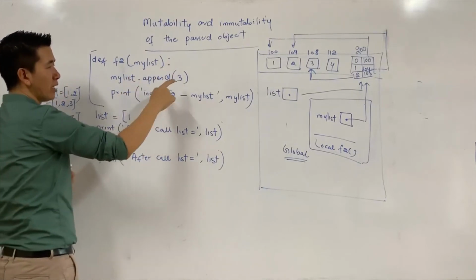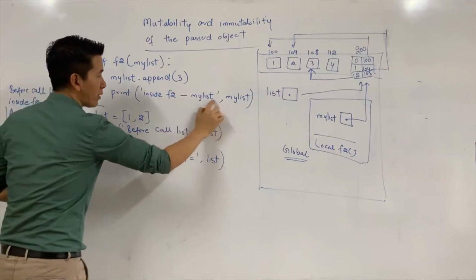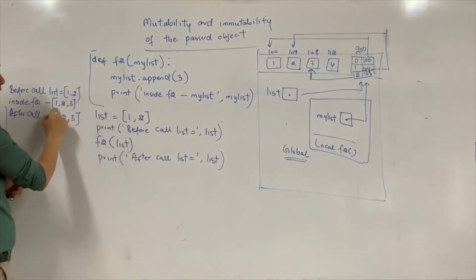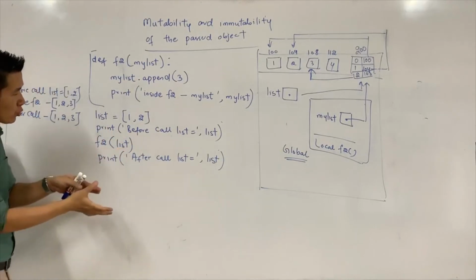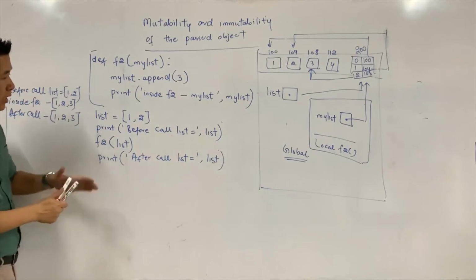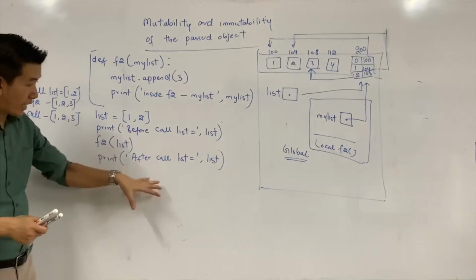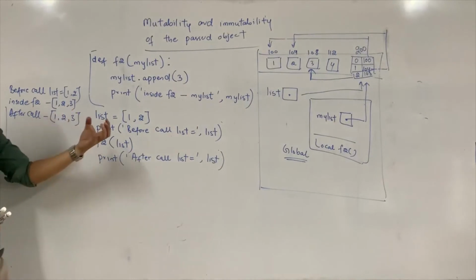In fact, I added 3 as the next element, right? And then when I printed, it printed as 1, 2, 3. But after the function call, when I referred to the original list and printed its content, it still showed the list content with the new values.